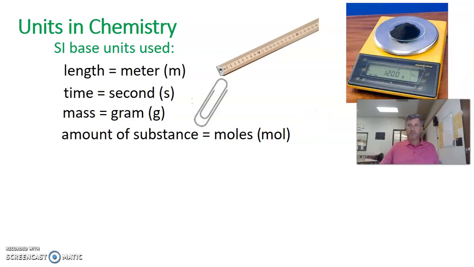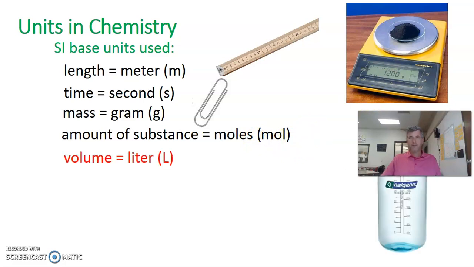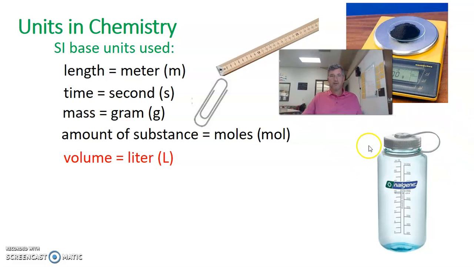Amount of a substance, and we'll talk more about what this really means later on, in chemistry is measured in moles, which is abbreviated MOL. And then we have volume, and technically volume is not an SI unit because it's derived.